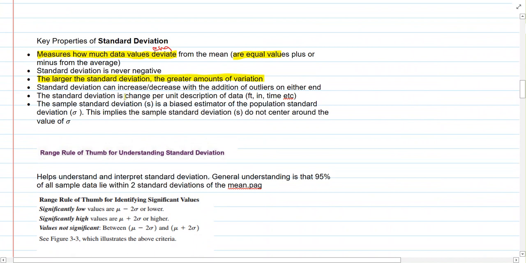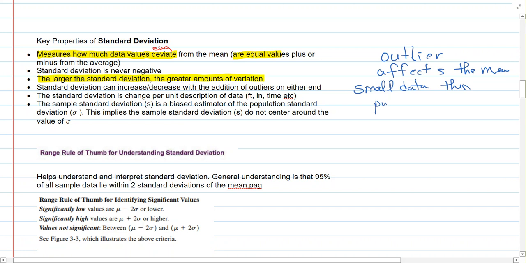The standard deviation can increase or decrease with the addition of outliers. Okay, remember what an outlier is. The outlier affects the mean. So if we have a small data value, then it pulls the mean.